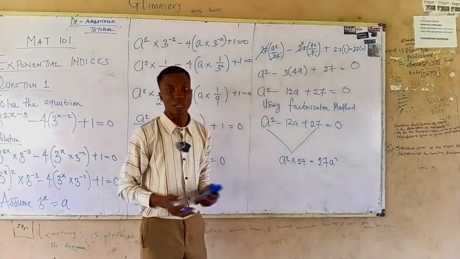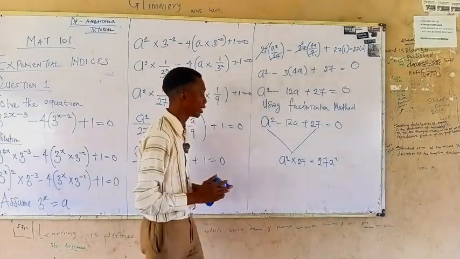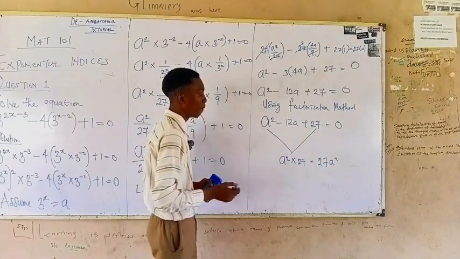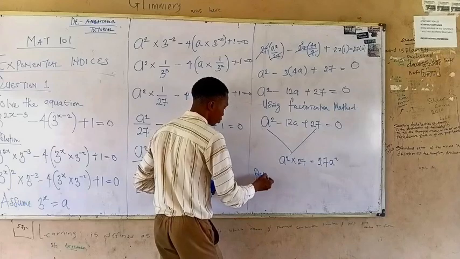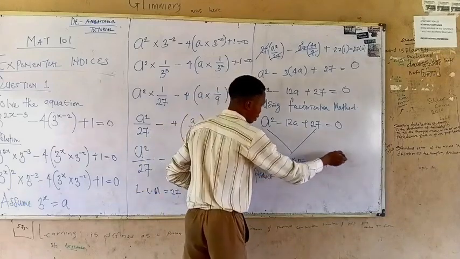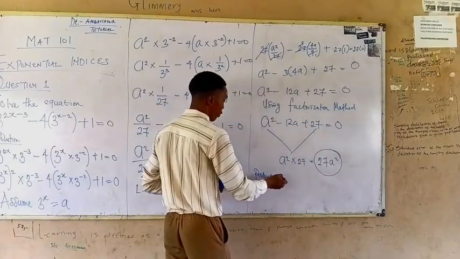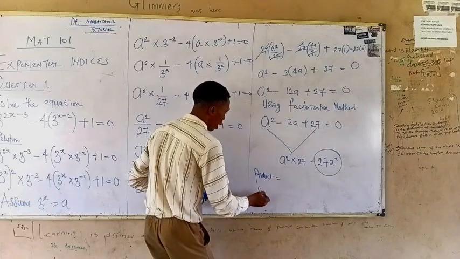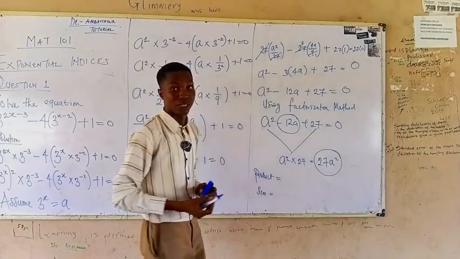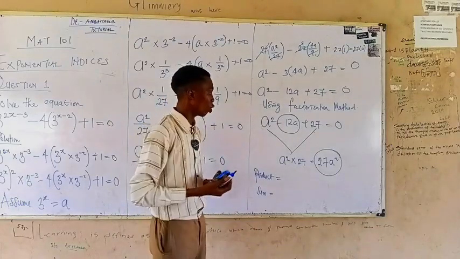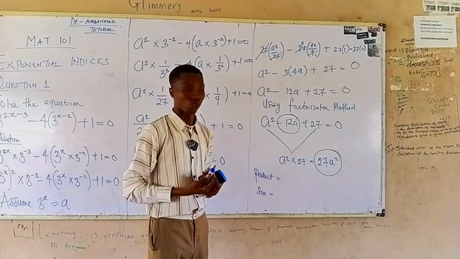Now you have to ask yourself just two simple questions by saying, what number will I try to multiply, when I find the product of that number, I'm going to have 27. And when I find the sum of that same number, I'm going to have minus 12. And what number do you think is that? That's just simply your minus 9 and minus 3.